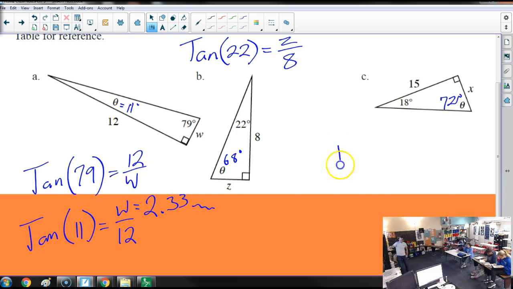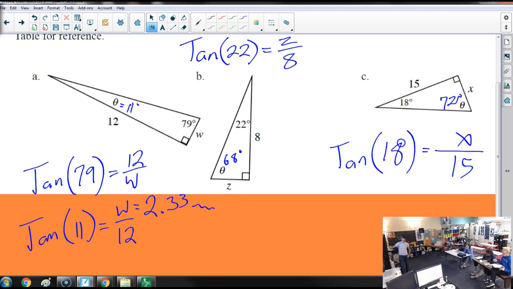If I want to make my life easy over here, do I use 18 or 72? 18, right? If we flip this and think about rise over run, x over 15, we want to use the 18.